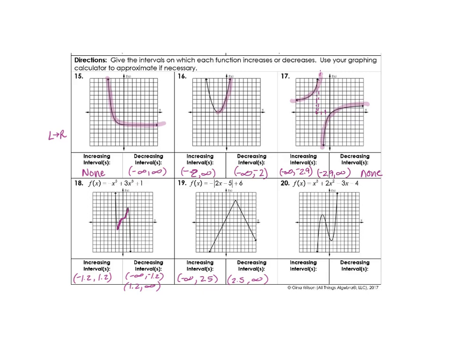So our increasing, we're going to say from negative infinity to somewhere around in here, about a negative 1.9. And then we'll go to decreasing. So I'm going to go ahead and say from negative 1.9 to 0.5. And then on the other side of that, at 0.5, you turn and go back up. So that's going to be from 0.5 to infinity.